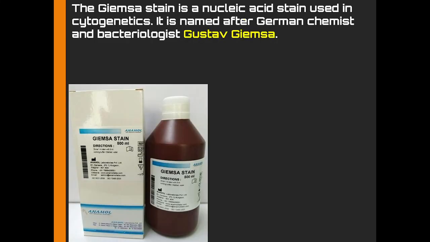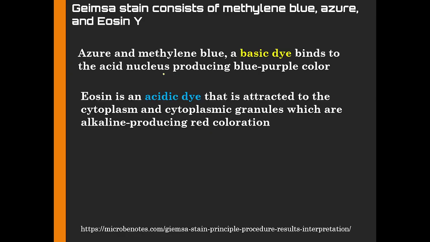The Giemsa stain is a nucleic acid stain, and it was named after the German chemist and bacteriologist Gustav Giemsa. It is commercially available and consists of methylene blue, azure and eosin Y. It is a neutral dye, a mixture of 3 components, and it is also considered to be a differential dye.